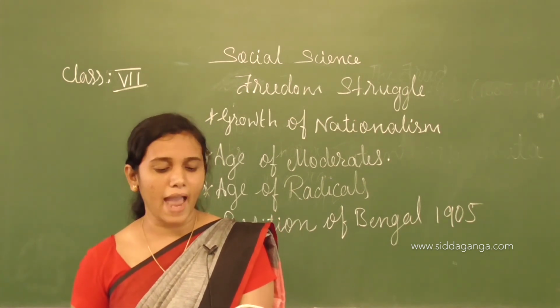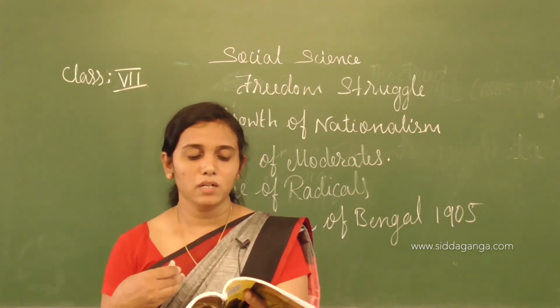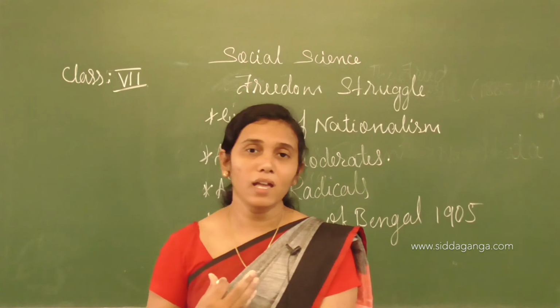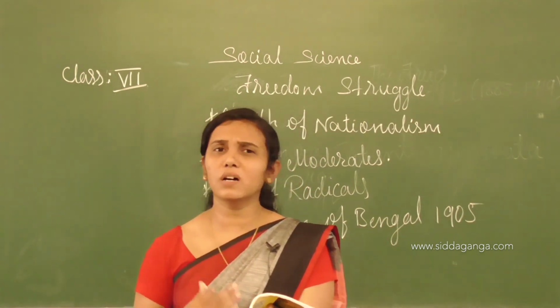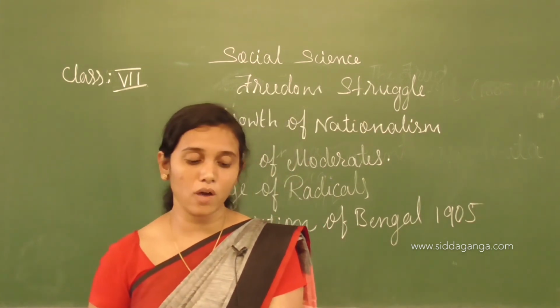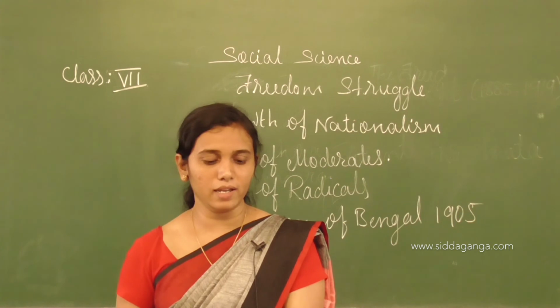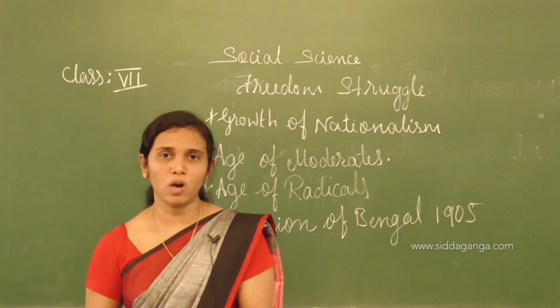According to this act, on account of suspicion, the government could arrest any person without giving any reason. Without prior notice, the government could search any person or his house. The arrested person could not even appoint a lawyer. Hence, Indians opposed this act very strongly.